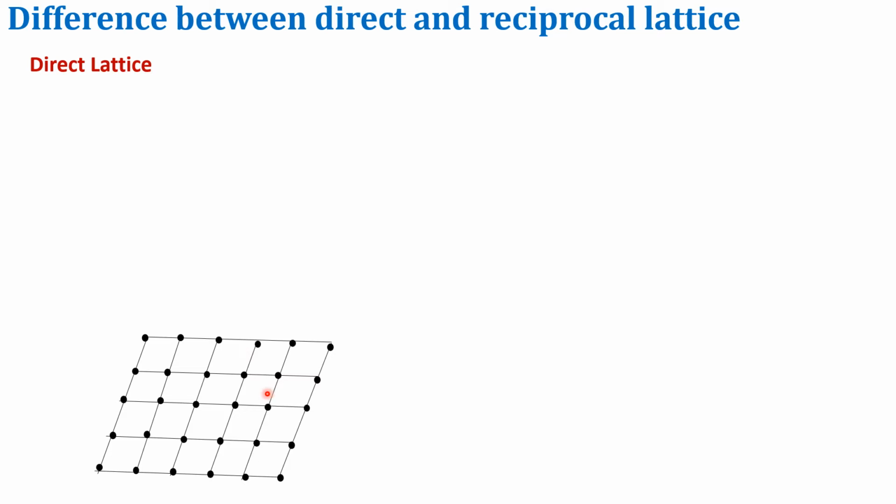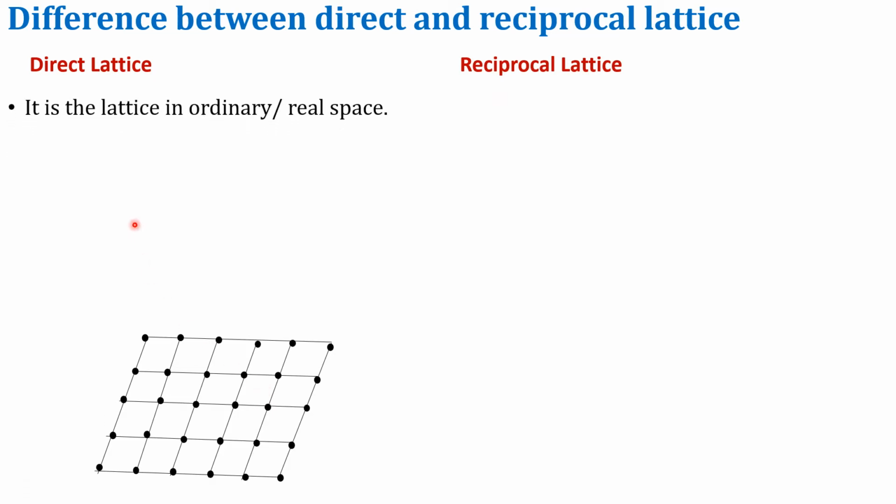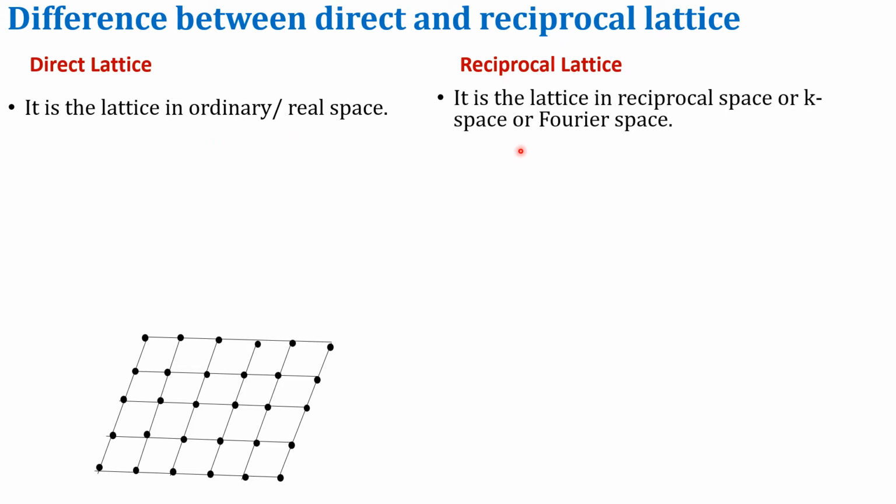Such a geometry of a set of points is represented in a real lattice, or it is the lattice in ordinary space or real space. On the other hand, the reciprocal lattice is the lattice in K-space or Fourier space.